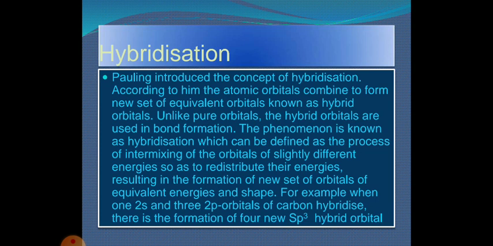Means by combining the atomic orbitals, there is a formation of a new set of equivalent orbitals having equivalent energy, and we call them hybrid orbitals. Unlike the pure orbitals, the hybrid orbitals are used in bond formation. The phenomenon is known as hybridization, which can be defined as the process of intermixing of orbitals of slightly different energies so as to redistribute their energies, resulting in the formation of a new set of orbitals of equivalent energies and shapes.